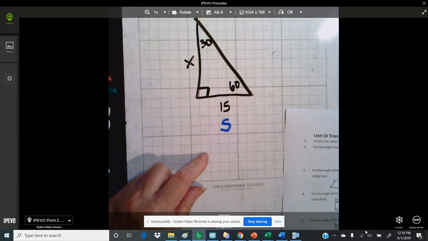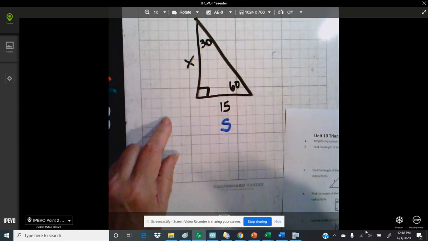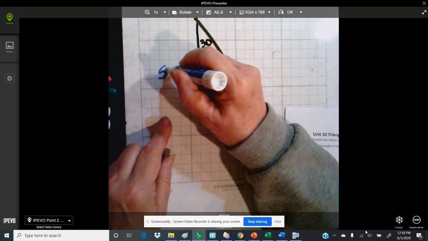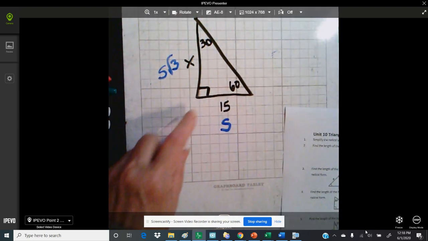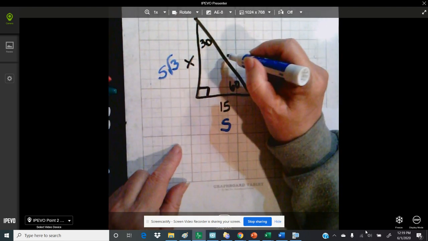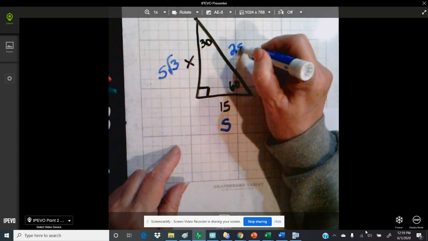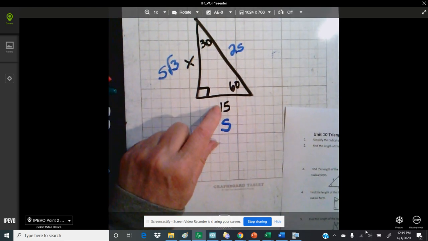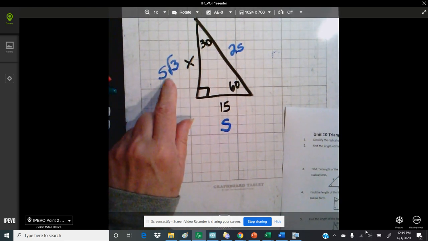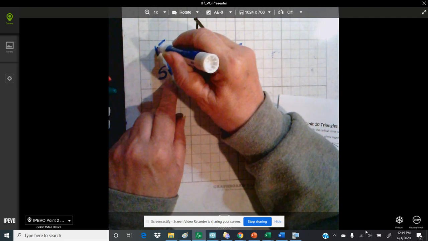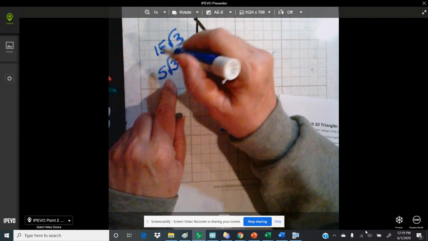So I'm going to call that s. Across from the 60 is the long side, so that's going to be s times the square root of 3. And then across from that right angle is 2 times s, because that's your hypotenuse. Well, if s is 15, I just have to substitute that in here. So I know my long side is 15 times the square root of 3.